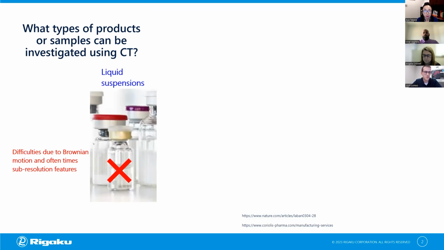There's going to be Brownian motion, which can affect our scan as it's being performed, as well as the fact that we're often looking at features that are going to be sub-resolution. The particles that are suspended or dissolved in the liquid media are often going to be at a smaller scale than we can see with even the most sophisticated CT technologies.